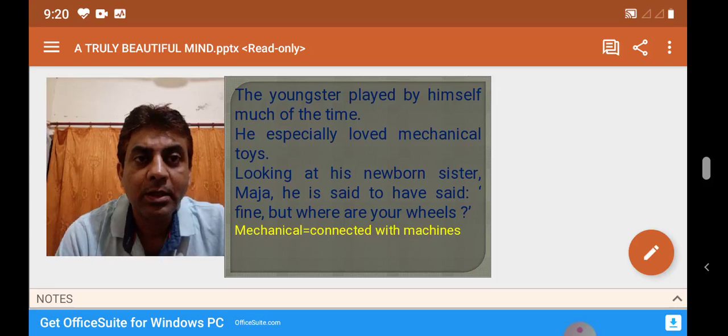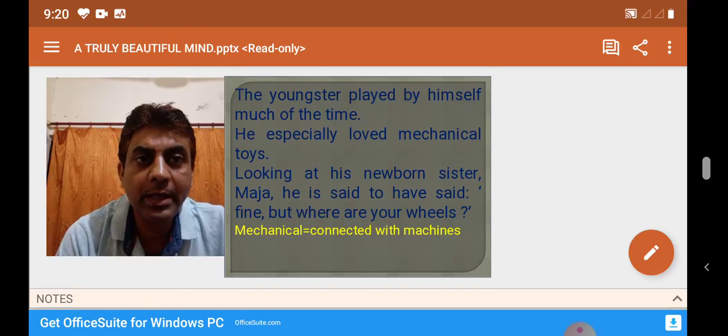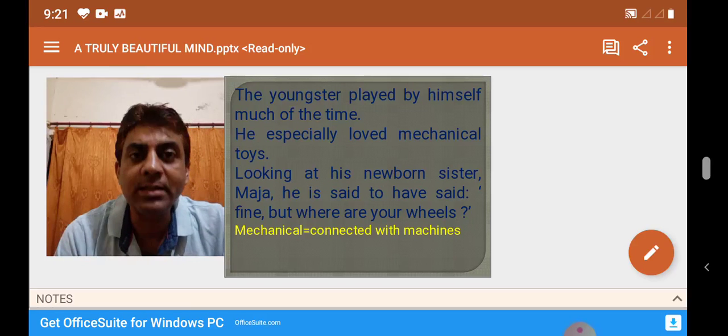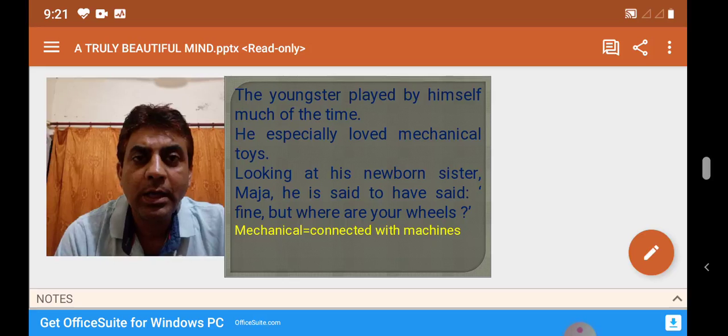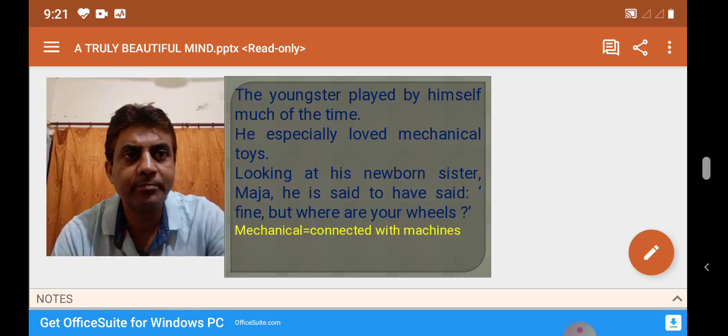Once, looking at his newborn sister, he asked, "Where are her wheels?" This shows his deep interest in mechanical things, or in machines, you can say.